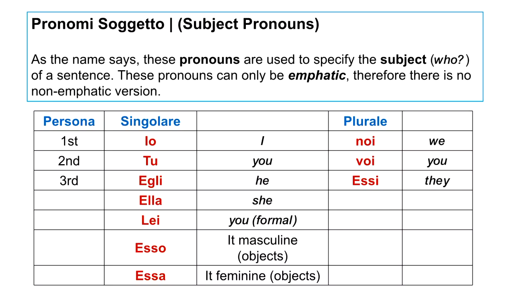By the way, in the English language, you know that the pronoun I is always, as a rule, capitalized. Not in Italian. In Italian, you never capitalize the pronoun I, which is in Italian io. This one right here, singolare, prima persona, io.